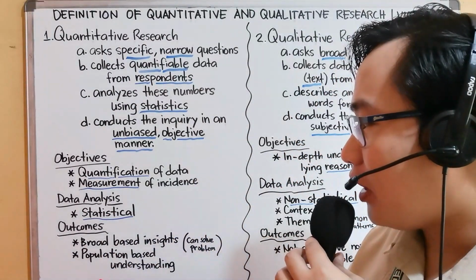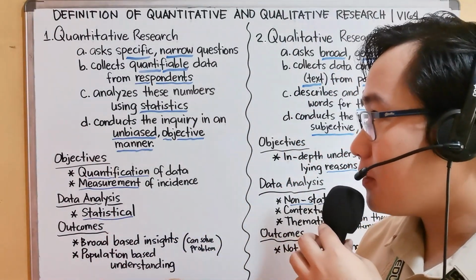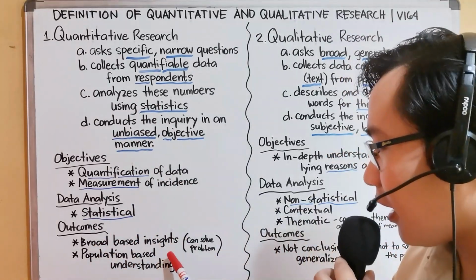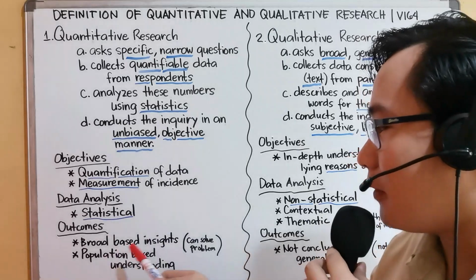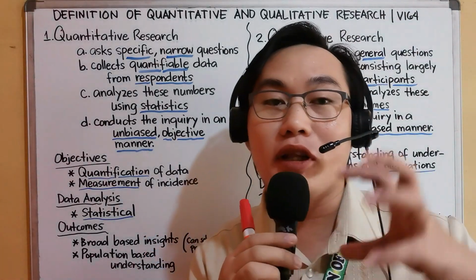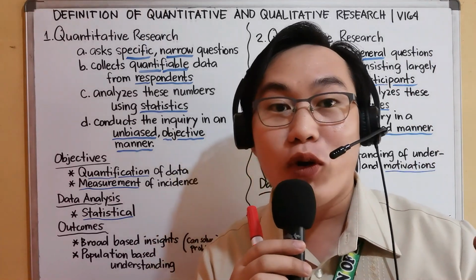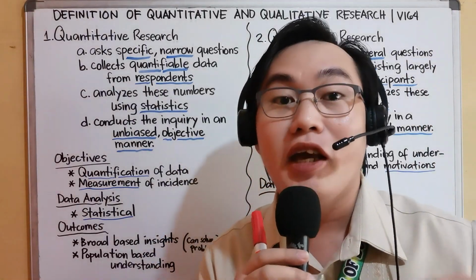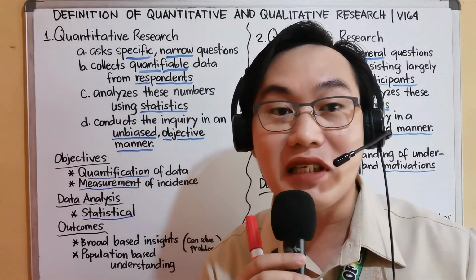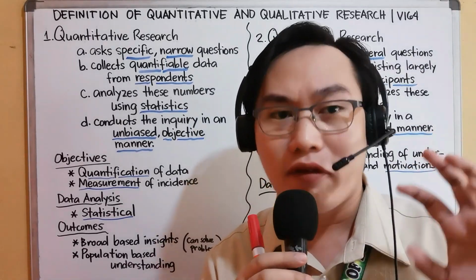Okay, punta naman tayo sa outcomes. Ang outcomes po ng quantitative is broad-based insights and population-based understanding. Kasi napakalaking, for example, ito ang population, na kukuha ka ng sample niyan na kung saan bibigyan mo ng questionnaire or magiging respondents ng iyong research.